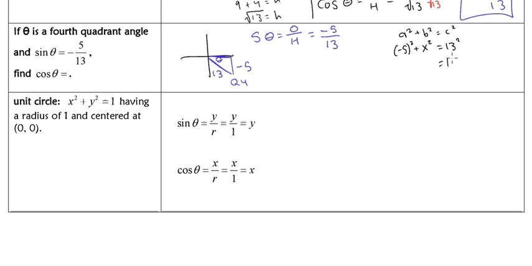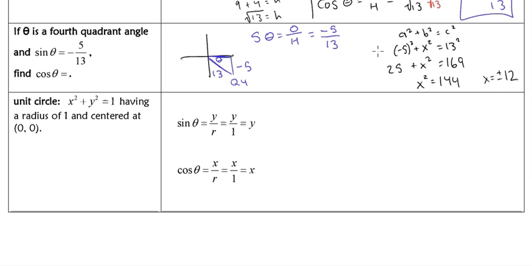So we've got 169 equals 25 plus x squared. Subtract 25 from each side, and we end up with x squared equals 144. So x equals positive and negative 12.